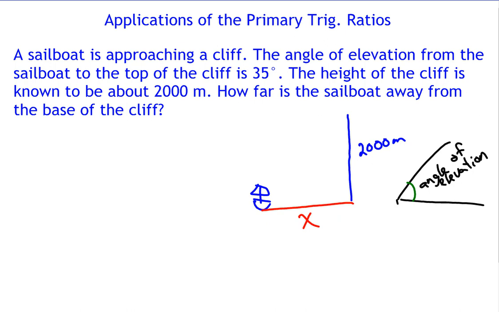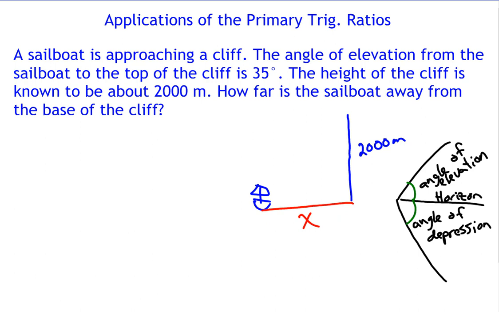It's called the angle of depression, and that's measured from the horizon looking down. Really important that you get these angles right, otherwise you'll have the wrong angle in the wrong spot. And again, this is the horizon here, so always measured from the horizon.